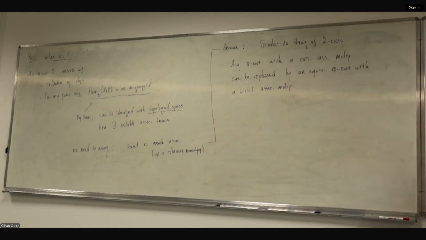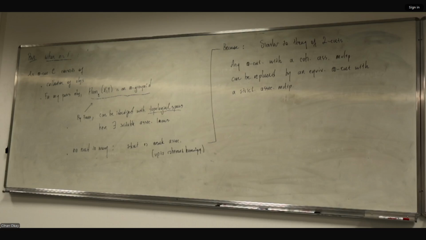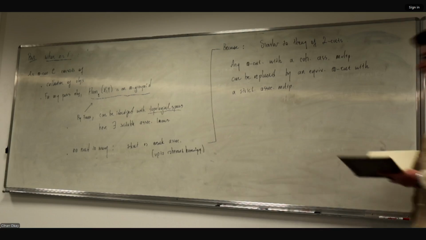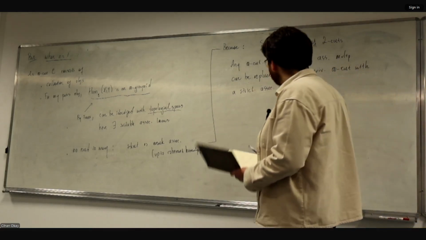So this general naive definition might still be problematic when n is greater than 1, but when n equals 1, this is the reason we are always interested in this case. You can really have a formal definition.